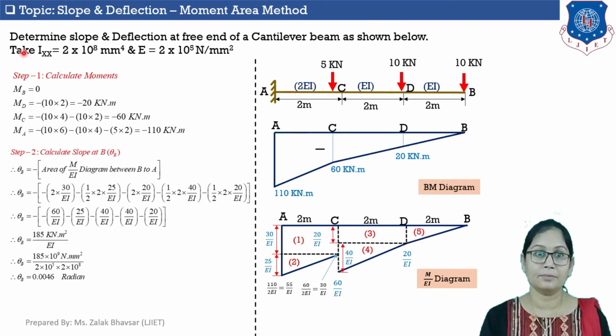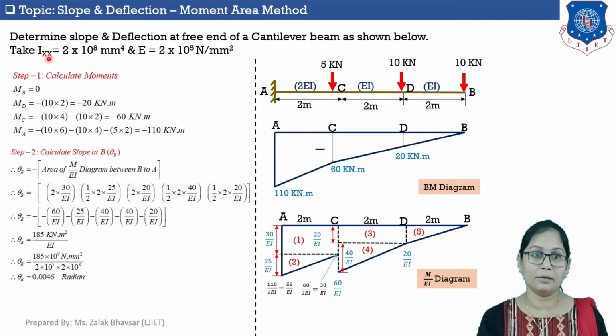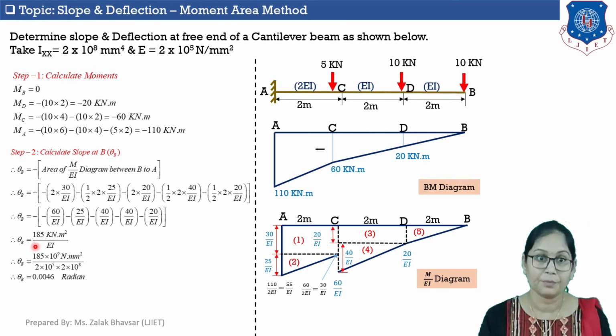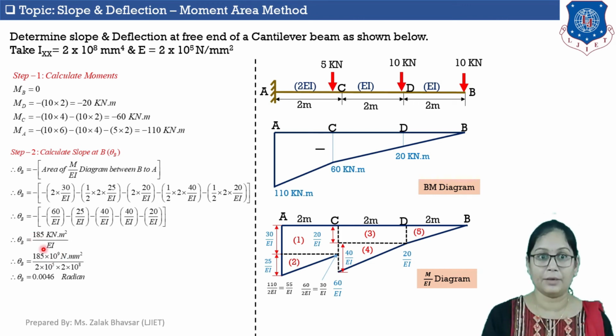And here the values of capital E and capital I are in Newton and mm units. So we need to convert 185 into Newton into mm square. For that we need to multiply 185 with 10 raised to 9. So if I multiply 185 by 10 raised to 9, then it will be converted into Newton into mm square.